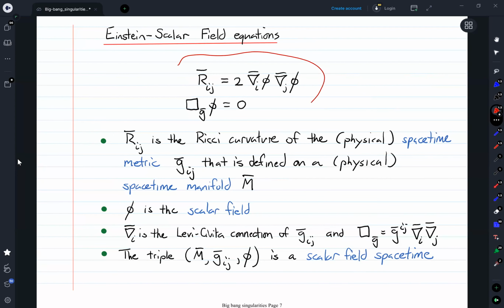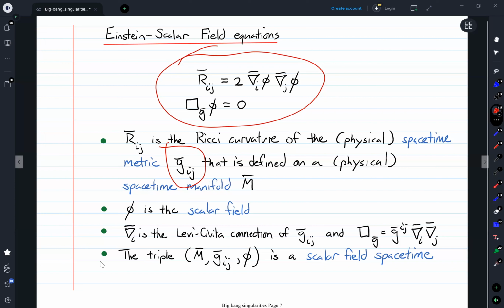The only equations that have physical meaning are these, and the g-bar is what we use to measure proper lengths and proper distances. That's how you should really interpret these solutions.